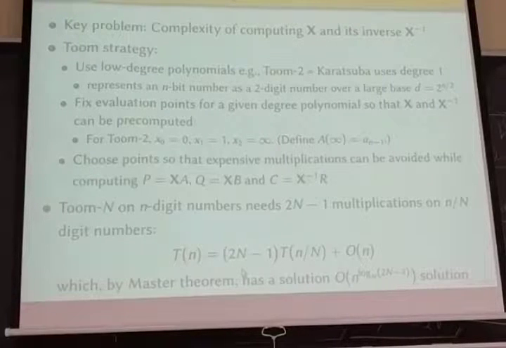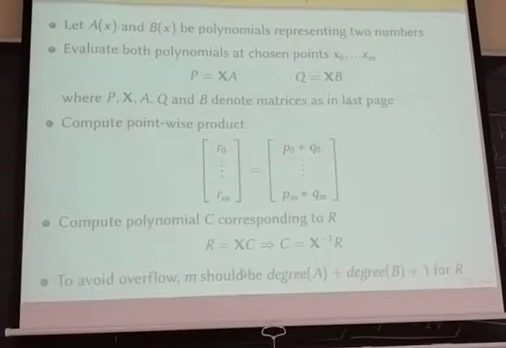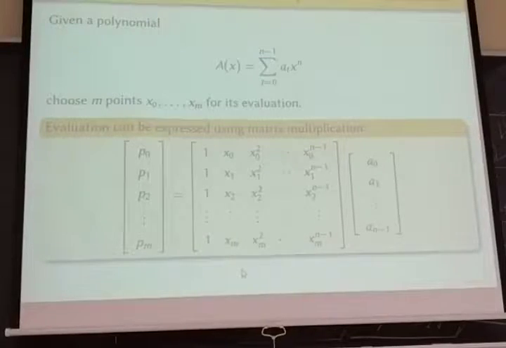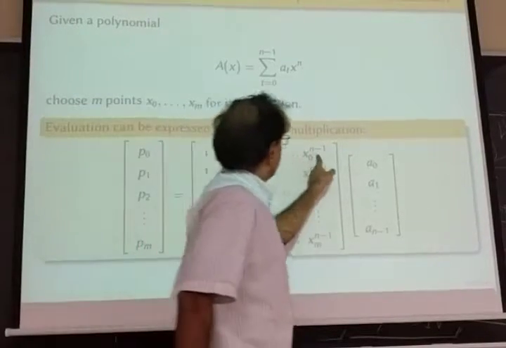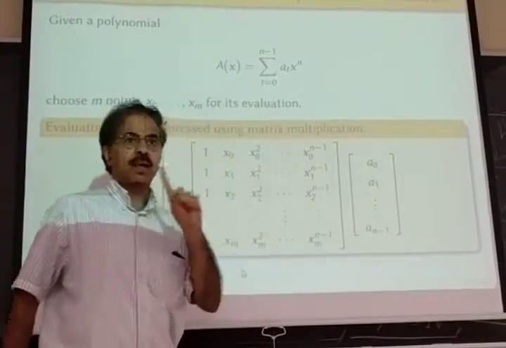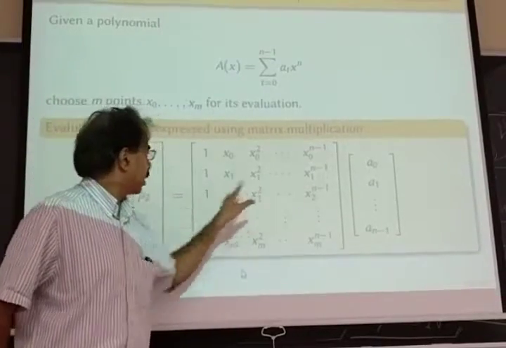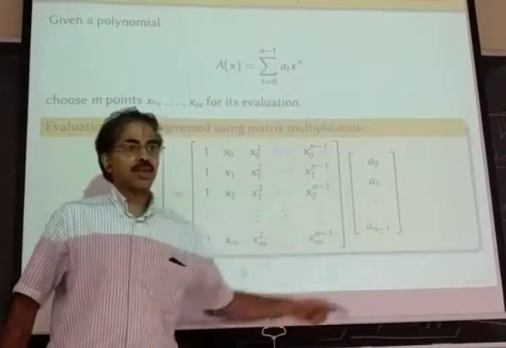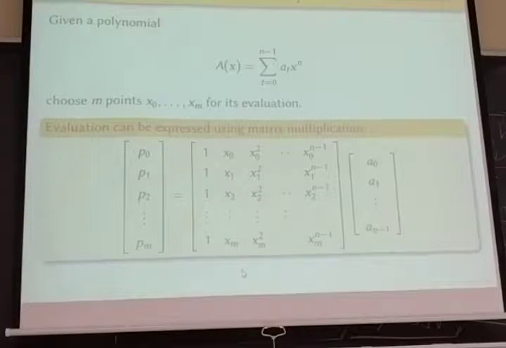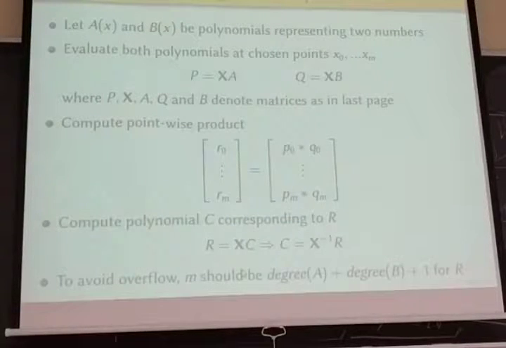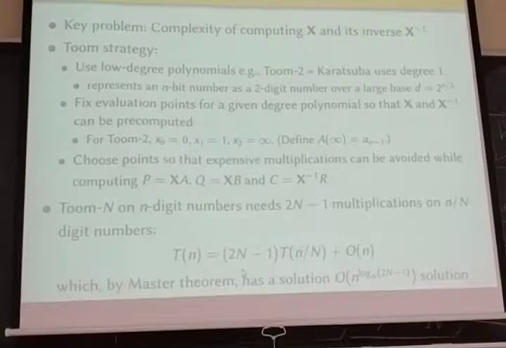Multiplying these elements with this requires n multiplications, another n, and so on. So there are n square multiplications to compute this product. That means pre-computing x and x inverse isn't going to be enough.